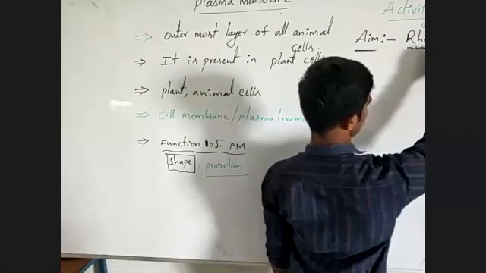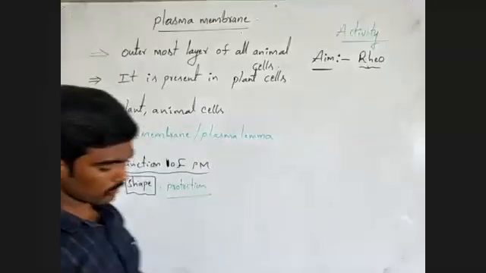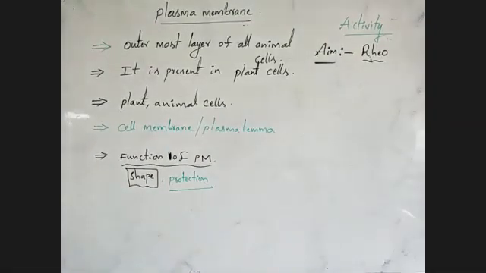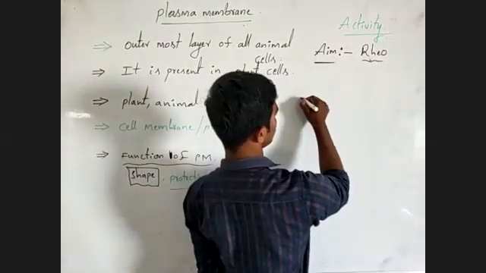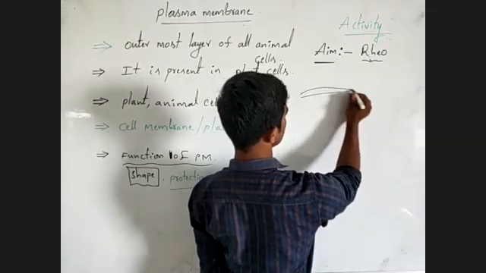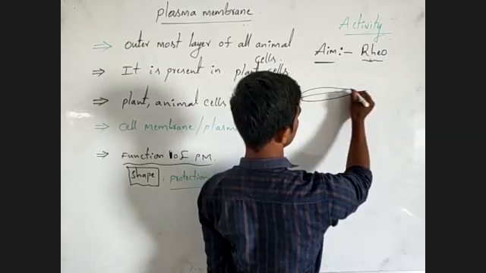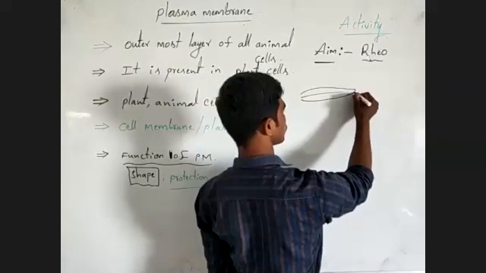In this activity, you have to use this Rhoeo discolor. First, you have to take a Rhoeo plant leaf.